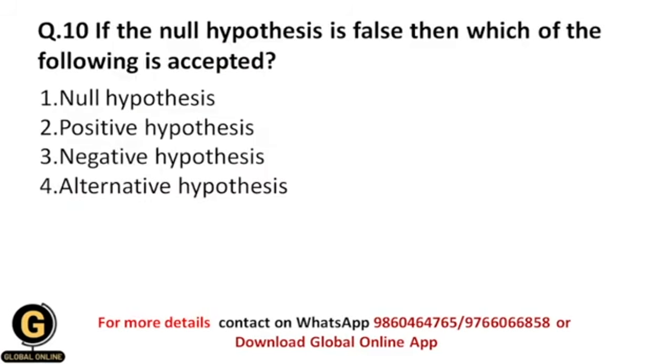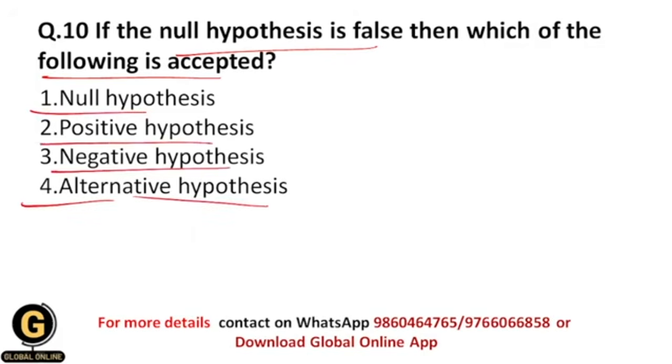Okay. Next is, if the null hypothesis is false, then which of the following is accepted? This is the easiest question, students. Whenever we reject the null hypothesis because it is false, then what type of hypothesis are we going to accept? Whether it is null hypothesis, positive hypothesis, negative hypothesis, or alternative hypothesis.